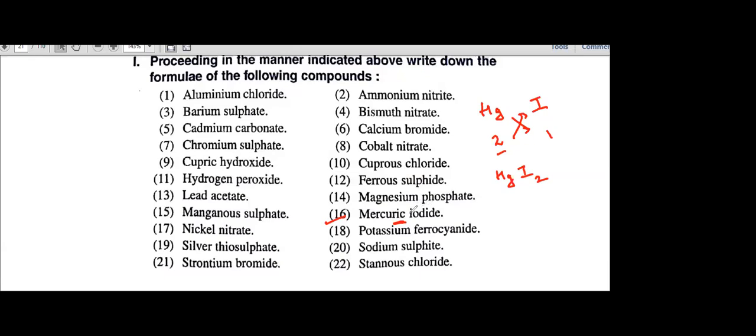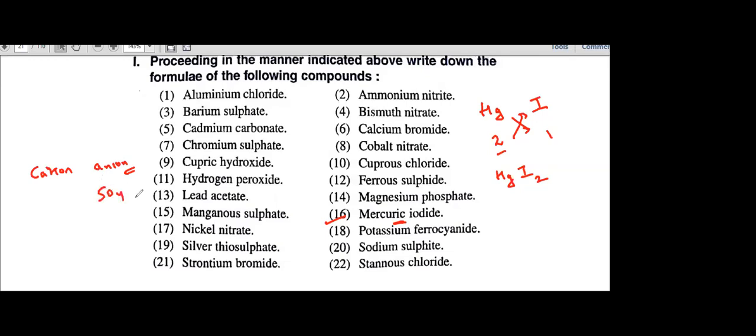See, whenever we talk about formula, first we write the cation, then we write the anion. That is the rule. Now, some anions have multiple atoms, for example SO4.